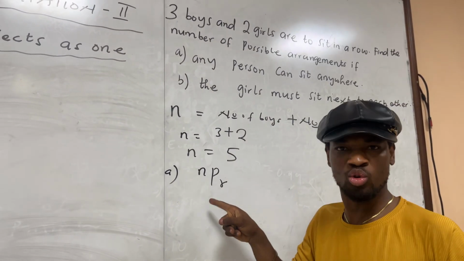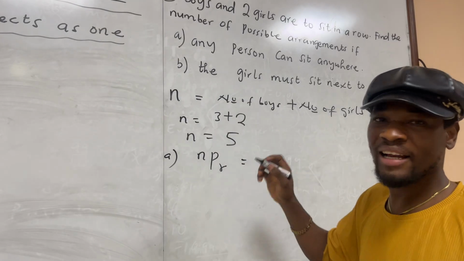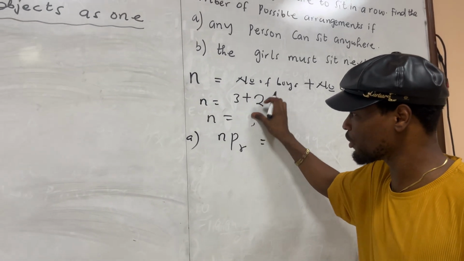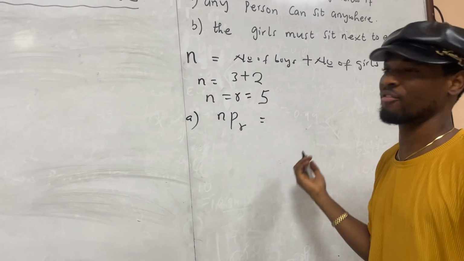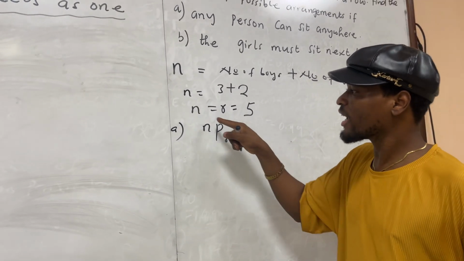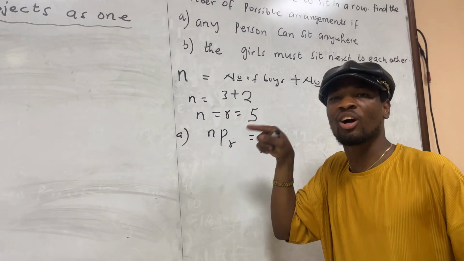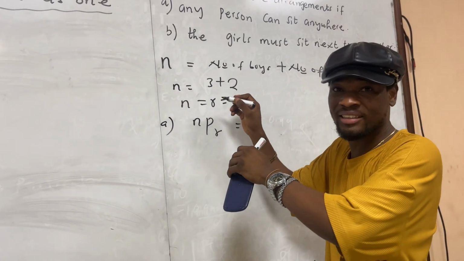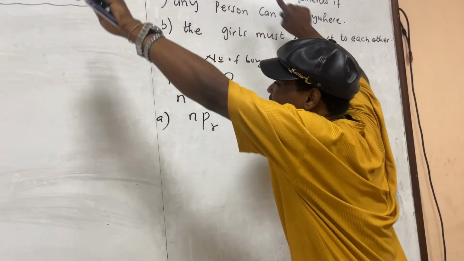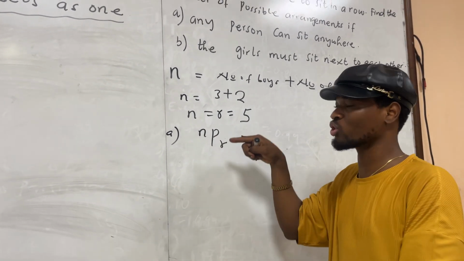Remember we said n should be equal to r, because r is silent, we assume r is equal to n. In other words, we are taking all the letters at a time, so n is equal to r, which is equal to 5.